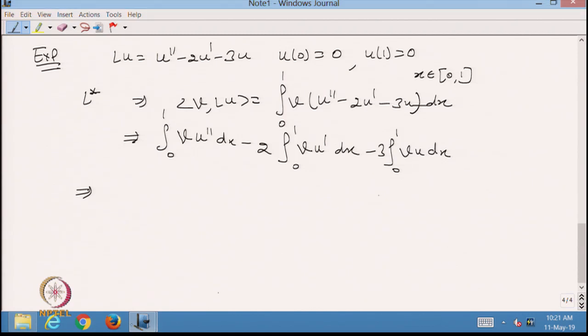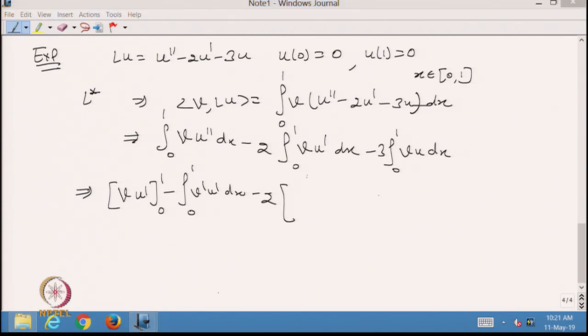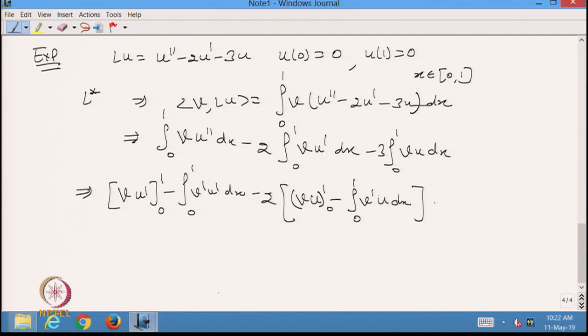So, this becomes v u dash from 0 to 1, minus the integral from 0 to 1 of v dash u dash dx, minus 2 times, and this one again I solve by parts, so it will be v times the integral of u dash, that is u, from 0 to 1, minus the integral of v dash u dx, and the last one is the same, v u dx.